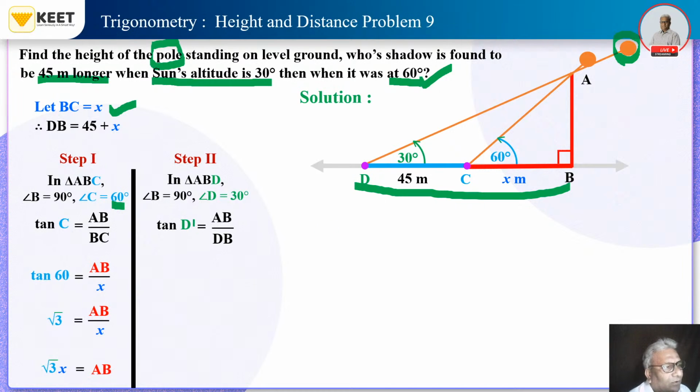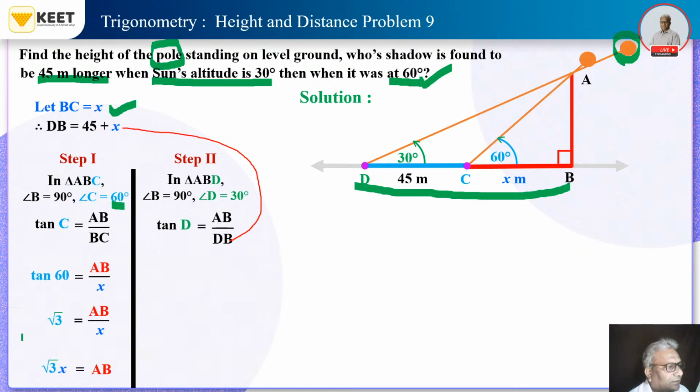Now here the value of angle D is 30 degrees and this value, that is DB, is 45 plus x. I'll just indicate it with the pen. So this is the value coming here for DB.